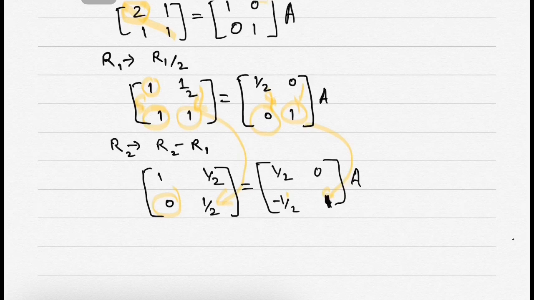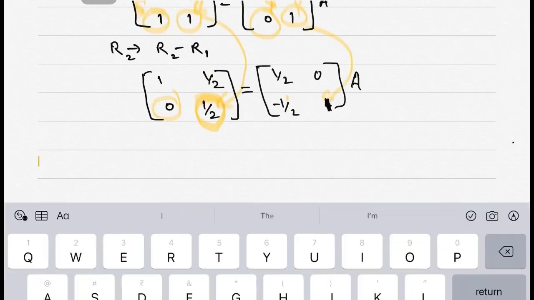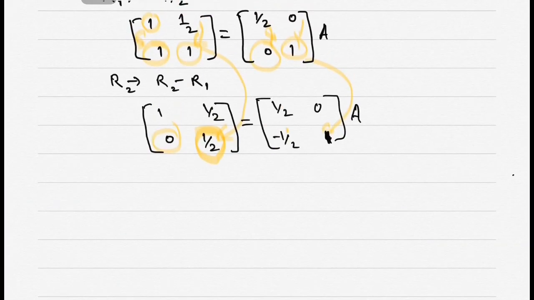Now our next pivot element will be this 1 by 2, that is the second element of the diagonal. Using this element, we'll make all other elements in the column 0 except this one. So we can do R1 minus R2.